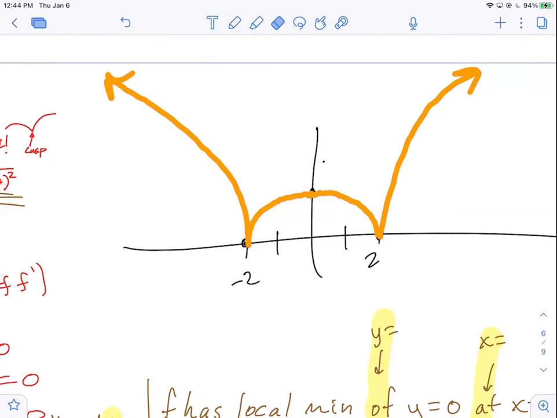It turns out that the second derivative gives us the curvature. So if we know this graph is concave down everywhere except -2 and 2, why is the curvature undefined at -2 and 2? Because if the second derivative gives us curvature and the first derivative is undefined there, the second derivative will have to be undefined there.